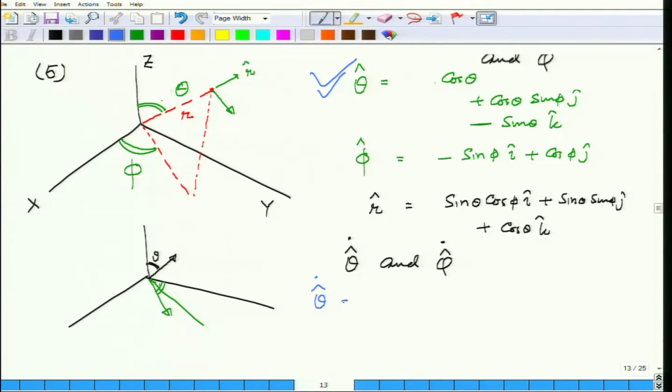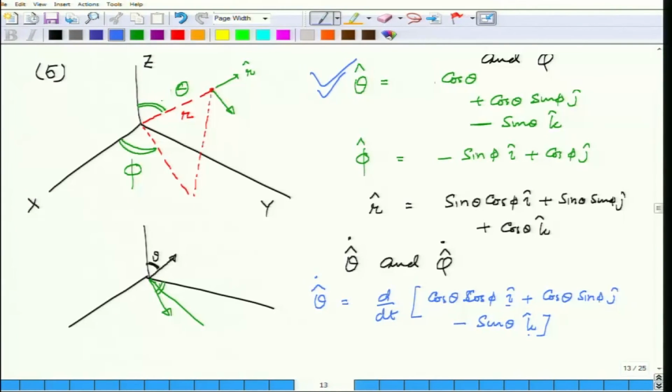This is going to be d by dt of cosine of theta cosine of phi i. Writing these vectors in terms of Cartesian unit vectors helps, because Cartesian unit vectors are fixed and therefore I don't have to differentiate them with time, plus cosine of theta sine of phi j minus sine of theta k.